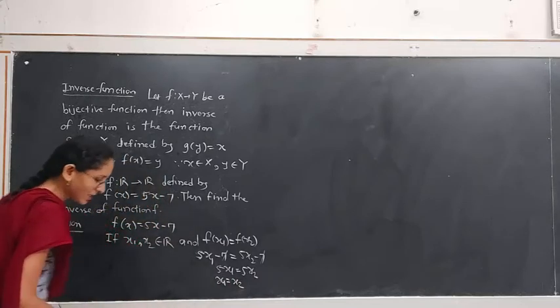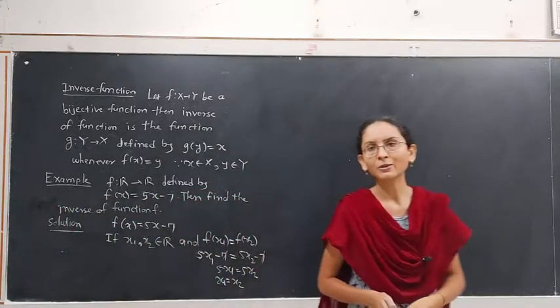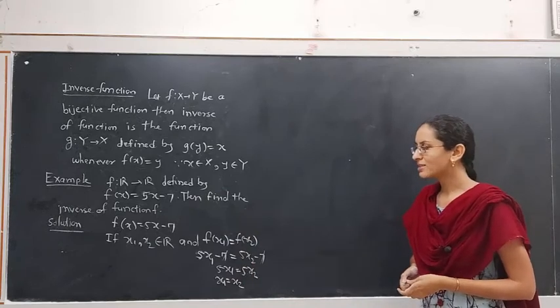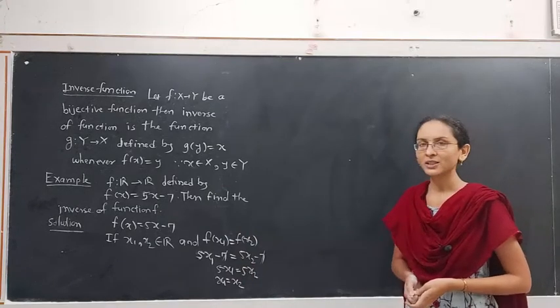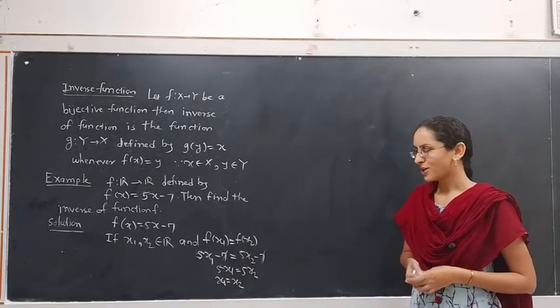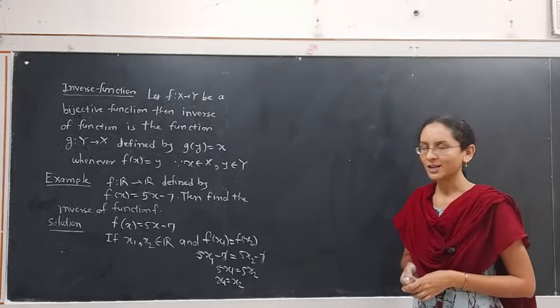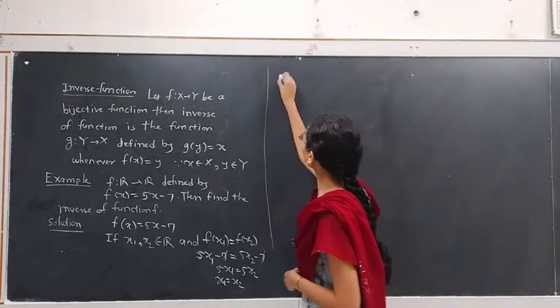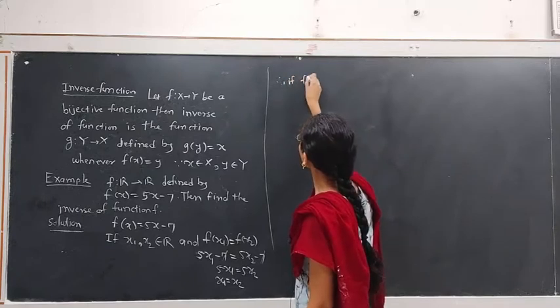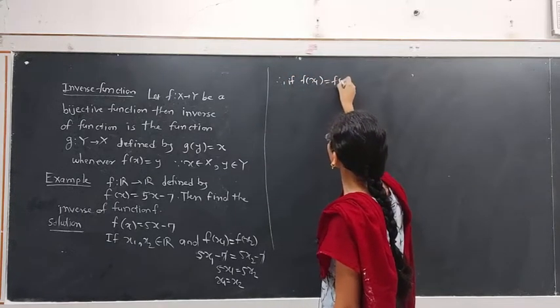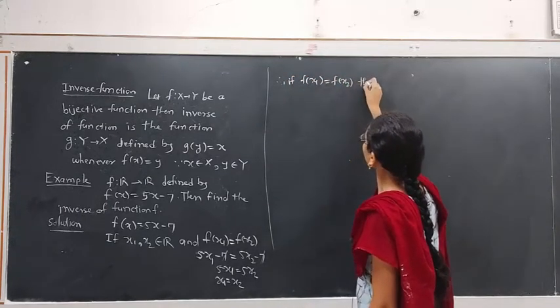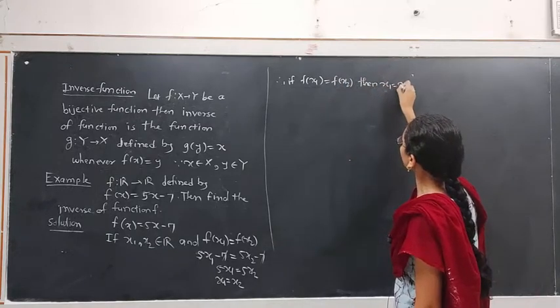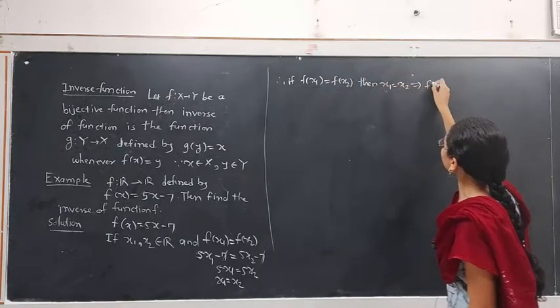Hence, if we consider images at 2 points of the function, then the elements are equal. Therefore, if f of x1 is equal to f of x2, then x1 is equal to x2. Implies f is 1-1 function.